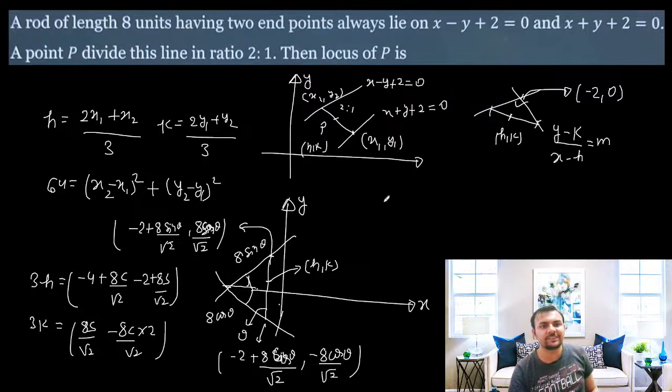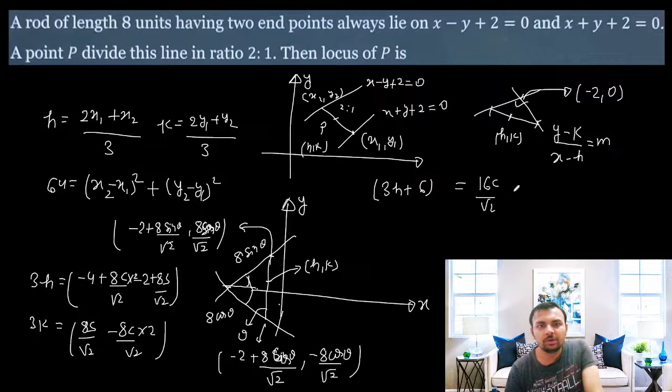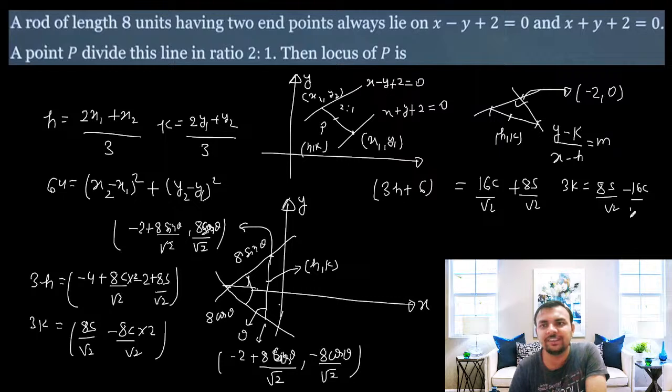So we can simply say that we have 3h plus 6, this is 16c root 2 plus 8s root 2, and we have 3k equal to 8s root 2 minus 16c root 2.